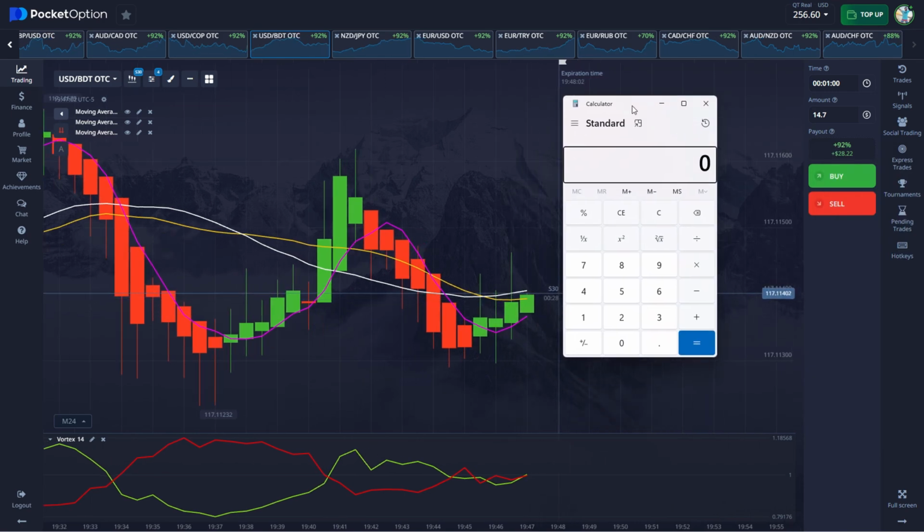All right, got my calculator here. So I'm gonna show you real quick how we can give you this percentage. So we started with, so we're at 256.60, and we are going to divide that by 250.